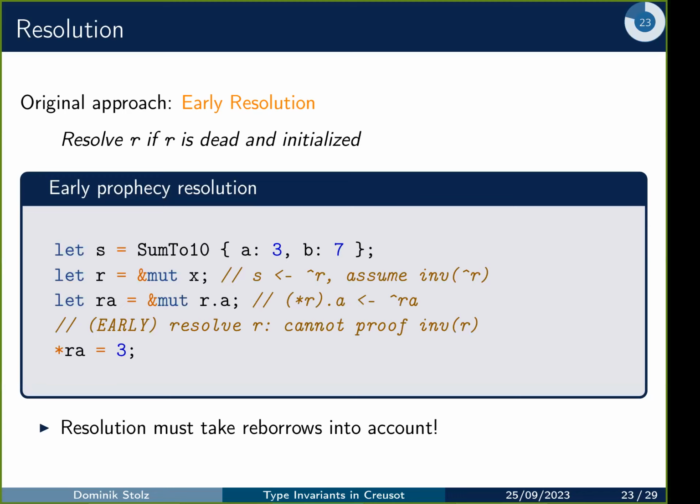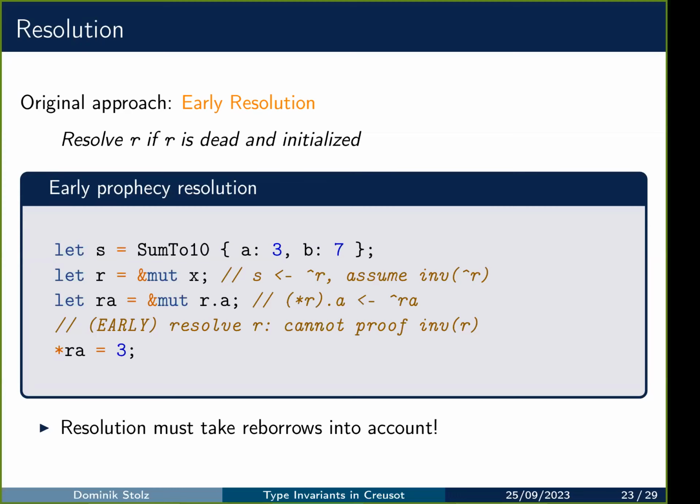The next interesting part of our implementation is resolution. As a reminder, resolution is how we learn the final value of a mutable reference. And since we use the points of resolution as the points where we have to prove the prophetic invariance, the points of resolution are also relevant for the soundness of our approach.